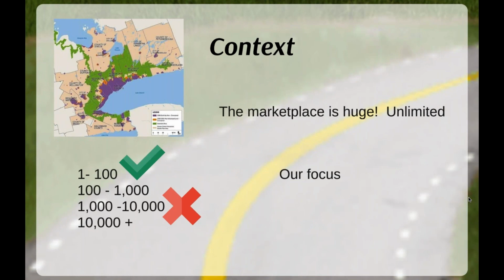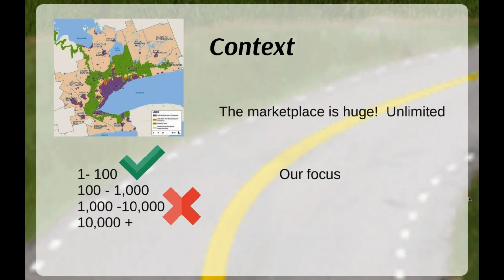When we look at different size groups, you're looking at 1 to 100 employees, 100 to 1,000 employees, 1,000 to 10,000, and 10,000 plus. Our focus and our comments today are on the smaller end of the marketplace, although these aren't distinct areas, and we certainly work with larger clients.